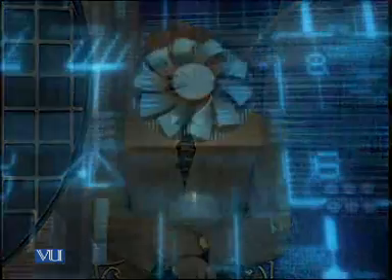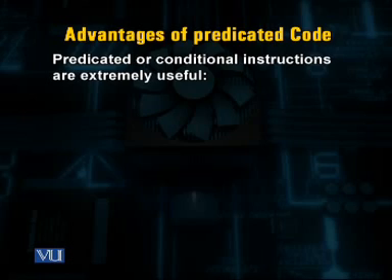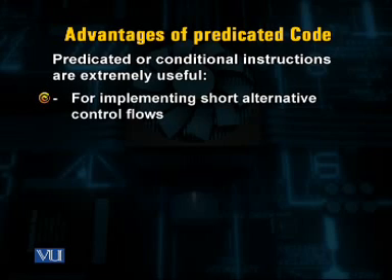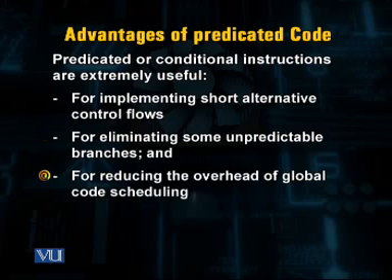Now, with this much discussion about the conditional move instruction, let us have a view of the advantages and the limitations of using predicated code. Predicated code is extremely useful for, number 1, implementing short alternative control flow, number 2, eliminating some unpredictable branches, and number 3, reducing the overhead of global scheduling.